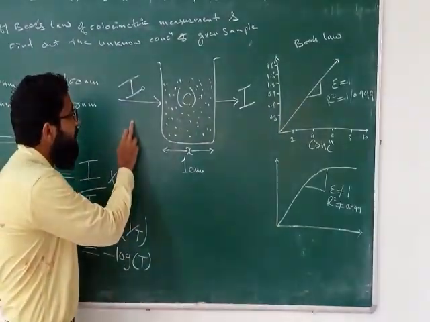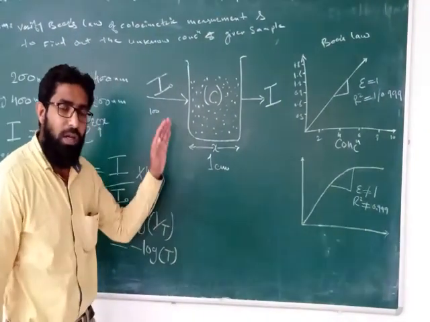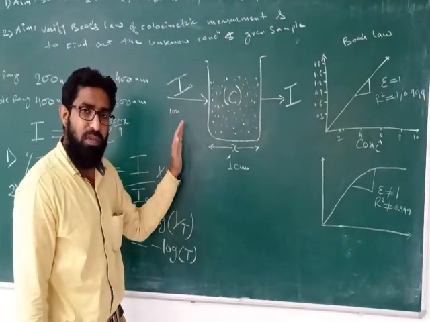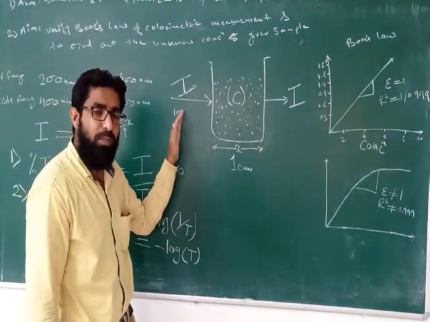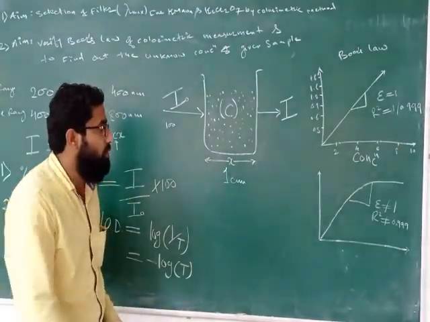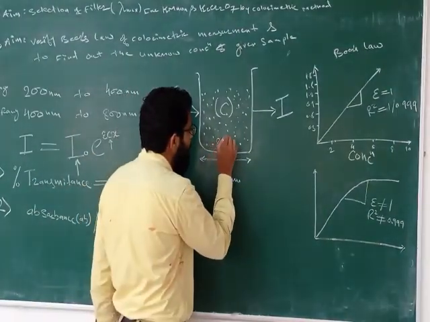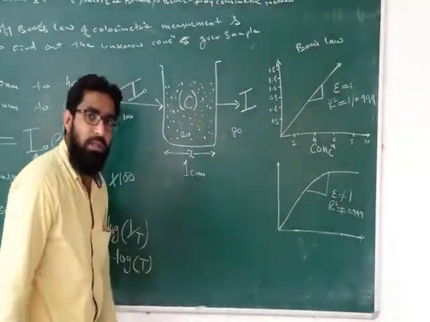For example, if 100 photons of specific intensity of light pass through a solution, and 20 is absorbed, then 80 is transmitted.